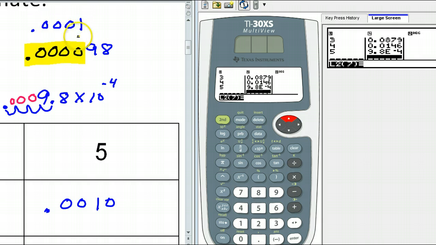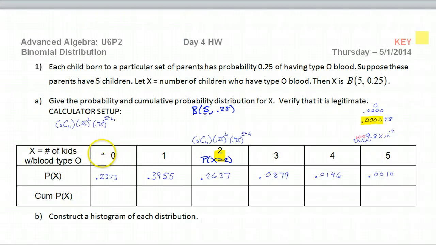I would round that 0 up to a 1. On the other hand, if this was a 48, let's say, then that would round to 0.0000, and I would just put 0 in that case. Alright, just watch out for those. Alright, so just glance over your chart. This is what you should have for your probability distribution. Okay, please do not forget to show your calculator setup.